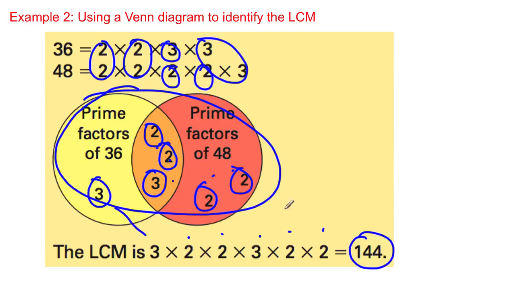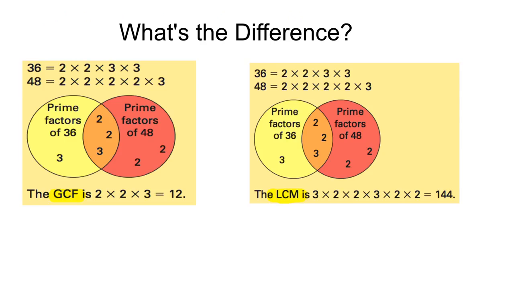Now let's consolidate everything here. What are we talking about? What's the difference? As I said earlier, for the greatest common factor, you are using just the numbers shared between the two: 2 times 2 times 3 here.